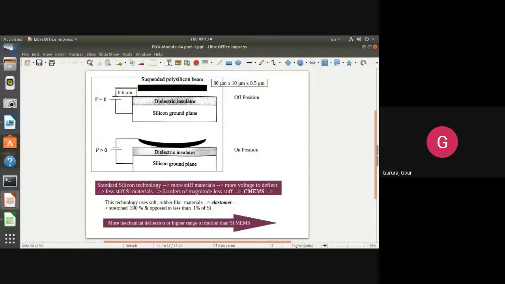So standard silicon technology is going to be used in the MEMS technology. So more stiff materials are required. Why? The stiffer the material, the more voltage is required to deflect it. Less stiff silicon materials require 6 orders of magnitude less voltage.